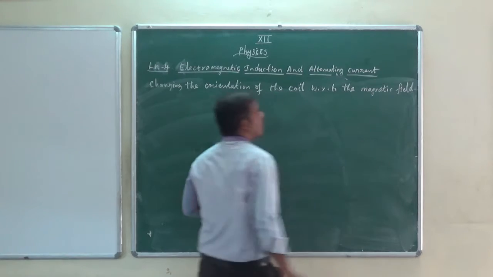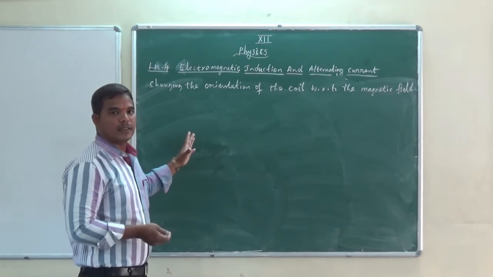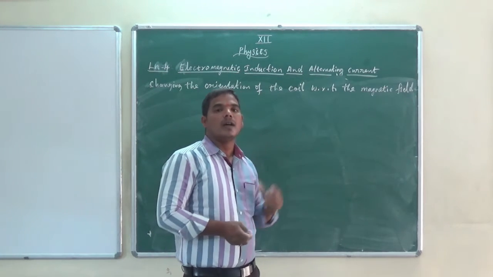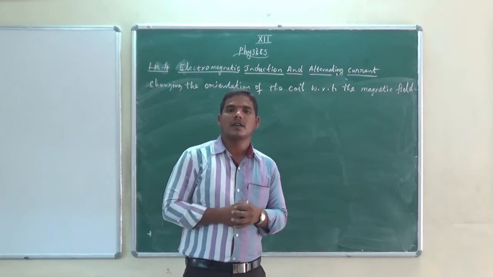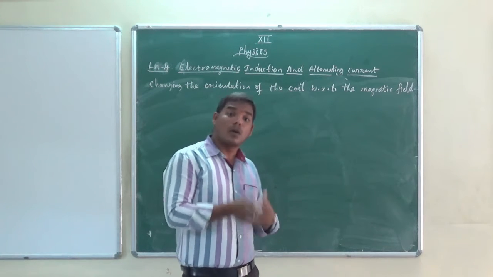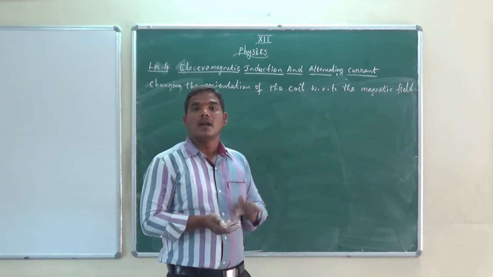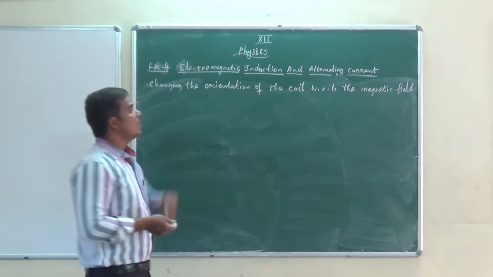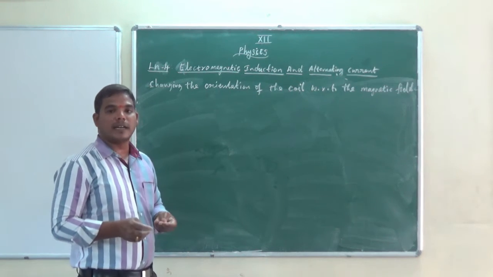Those who are going to study engineering, this is the basic. Because in our day-to-day life, in our home, we see so many electrical applications. We use generator, electric motor, grinder, mixie, fan. Everything is based on changing the orientation of the coil with respect to the magnetic field.